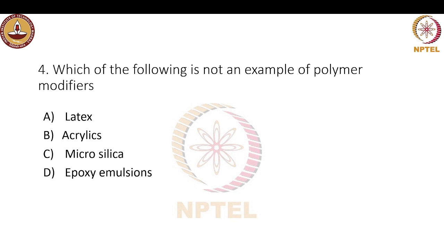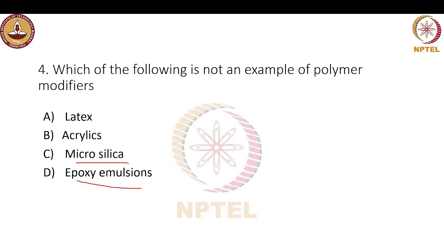Epoxy emulsion, ma'am. Polymer modifiers are mostly chemicals only. So latex, acrylics, epoxy emulsion, they all come under polymer modifier. But if you see the microsilica, it is an SCM.